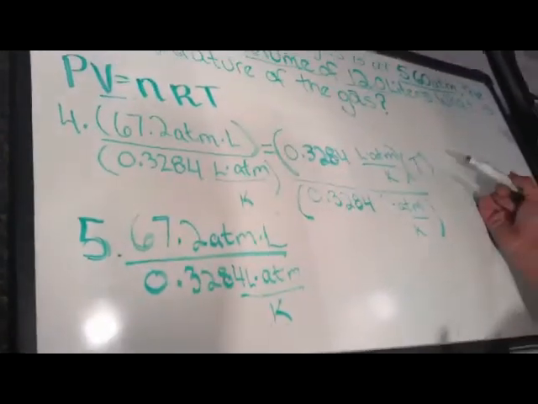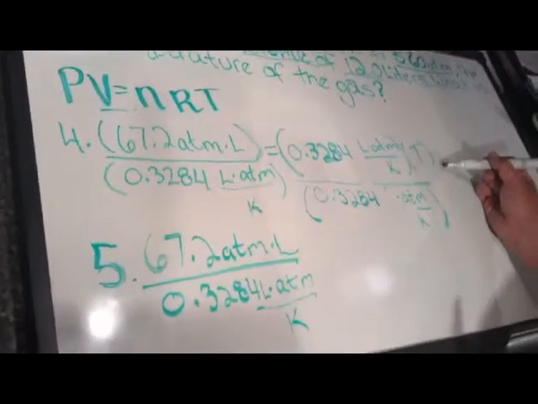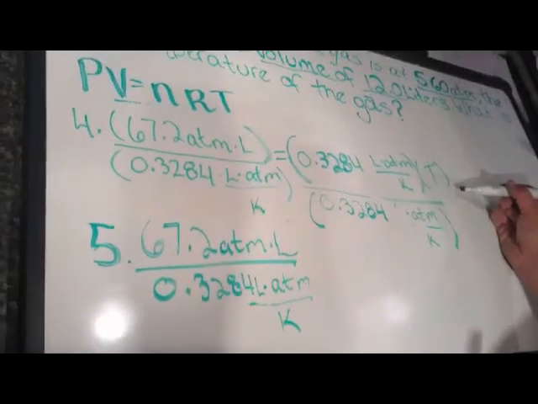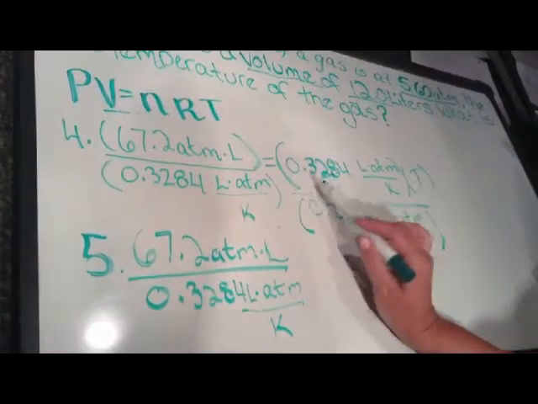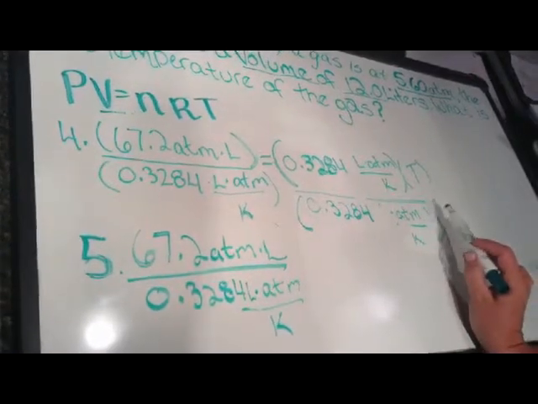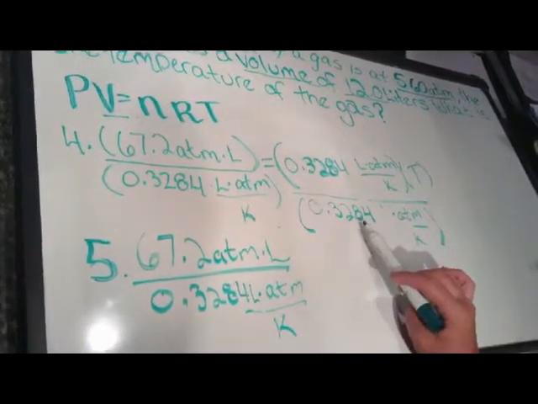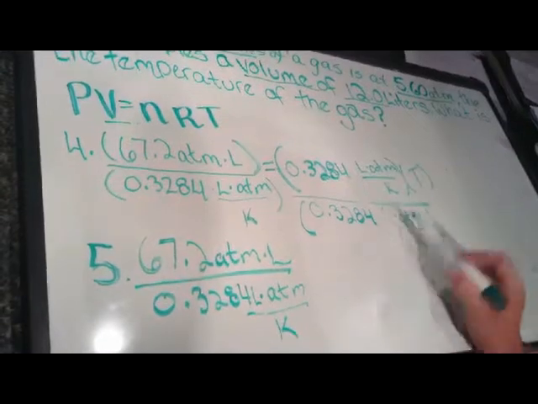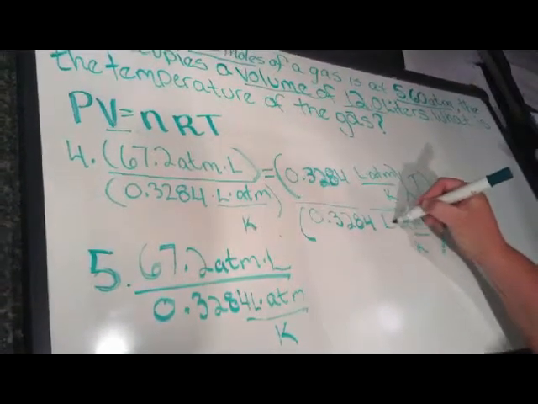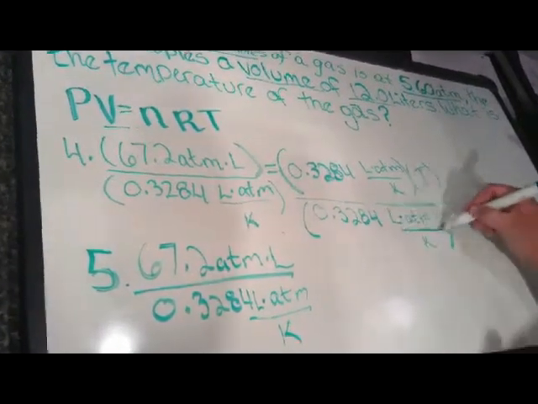We're going to get temperature on this side by itself, and we're going to divide by 0.3284 liters atmosphere over Kelvin.